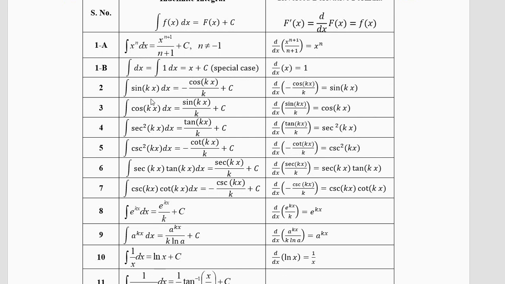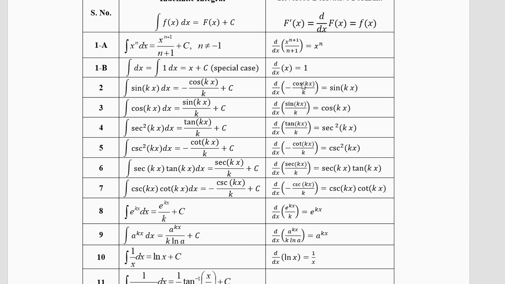Now the second formula: if you integrate sine kx, you will get minus cos kx by k plus c. The plus c will be written in all formulae, so we will not discuss it again and again. When we differentiate a number, we get 0. Now put it in the differentiation of minus cos kx by k.